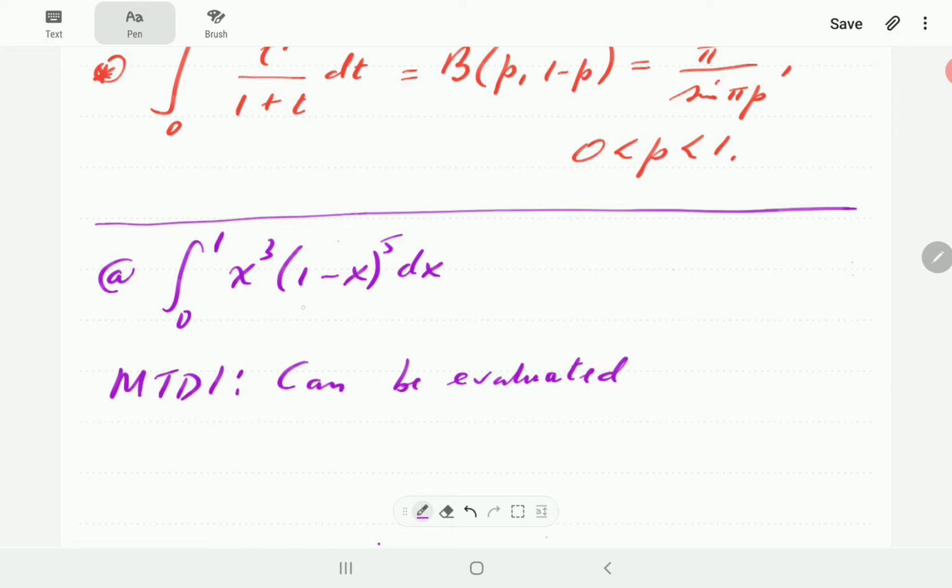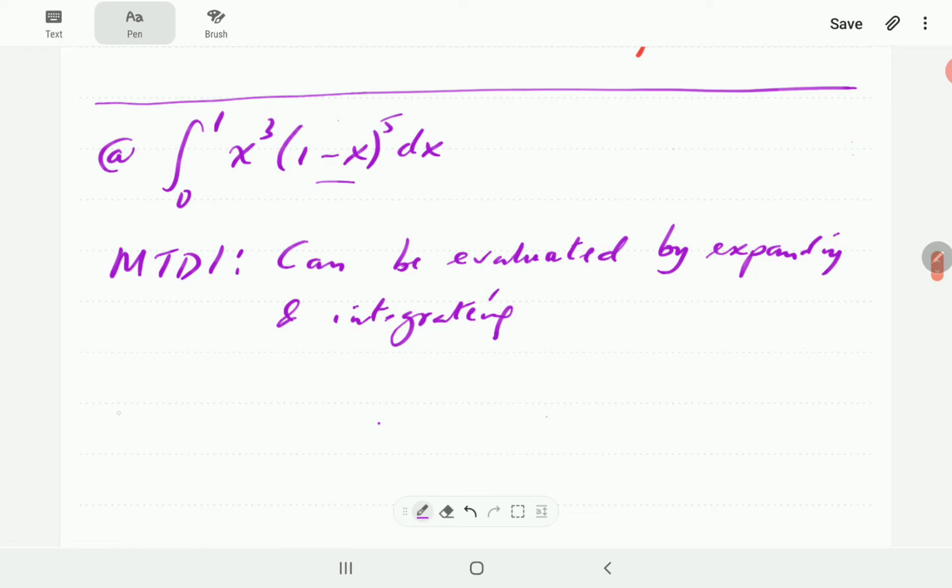If we expand this one, we're going to find 6 terms using the binomial theorem, and then integrate term by term. We are not going to use that method. You can just work through it using that approach to confirm.